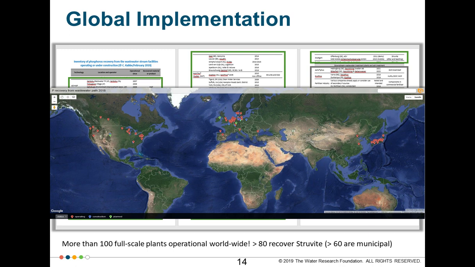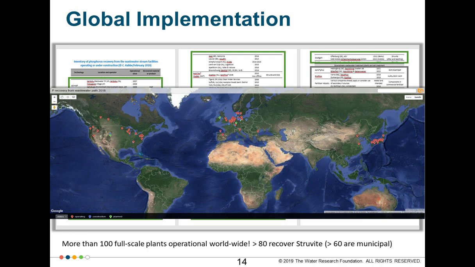On a global implementation, this table reflects a kind of inventory of installations I had on radar. We see that the technical P recovery within the sludge train on-site at wastewater treatment plants is the most matured so far, and there are also the most installations. The most prominent representative in this direction is the struvite recovery.